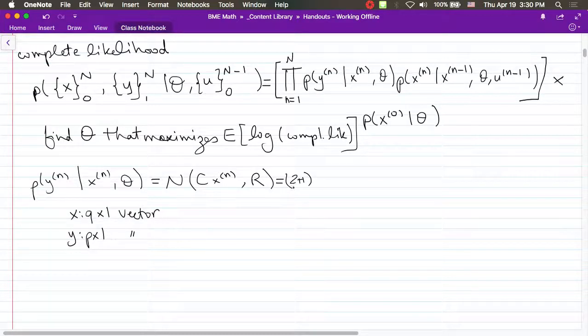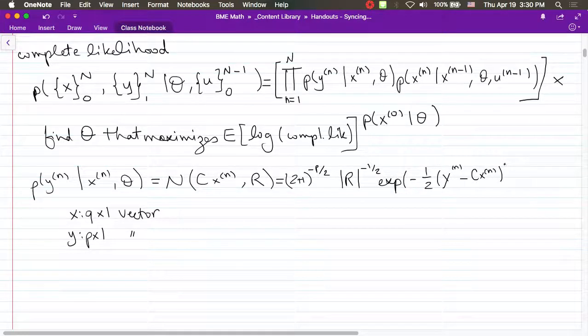If I want to write the normal distribution for y, then I'm going to have 2 pi raised to the power of minus p over 2 times the determinant of the variance covariance matrix R raised to the power of minus 1/2 times the exponential of minus 1/2 y of n minus the mean c x of n, transpose, R inverse, times y minus c x of n, close the exponential. That's going to be my normal distribution.